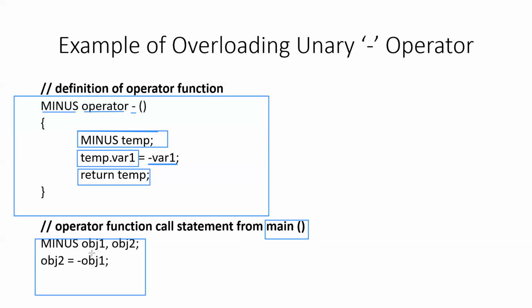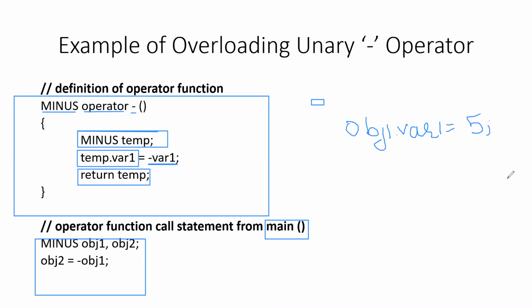Minus object 1 comma object 2, which means that you have created two objects. So once you have created two objects, let us suppose that you have taken some input for the variable 1 data member of object 1. That means, let us suppose that the value of variable 1 which belongs to object 1 is equal to 5.